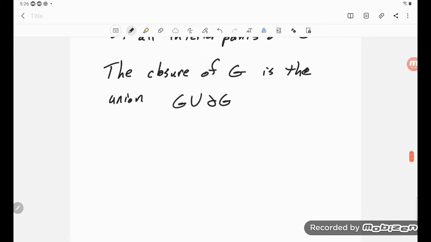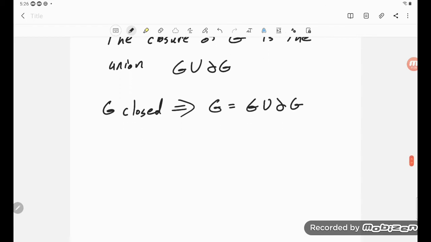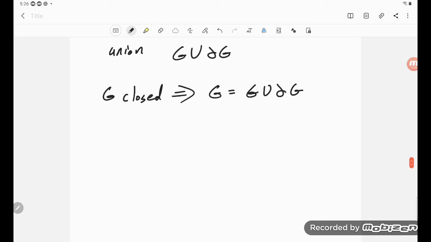So in that case, right, G closed implies G equals G union the boundary of G. Okay, but certainly that wouldn't be true for an open set, and a set that's neither open nor closed wouldn't be true either.